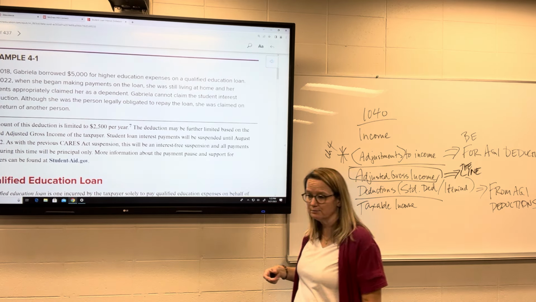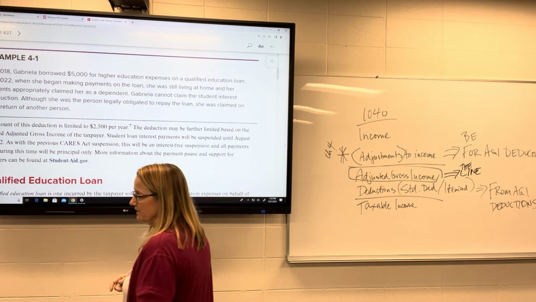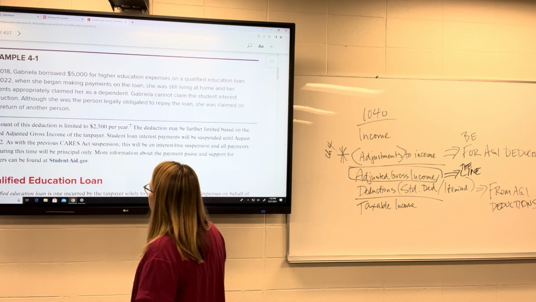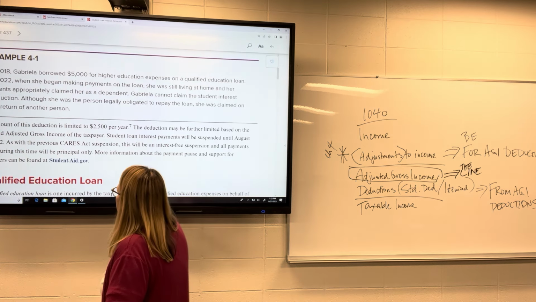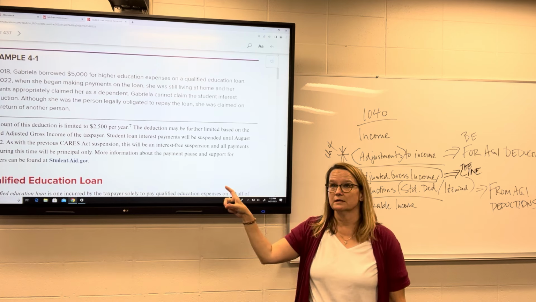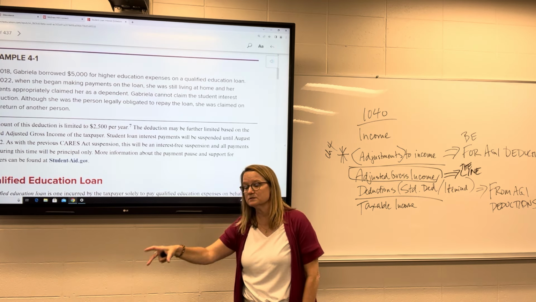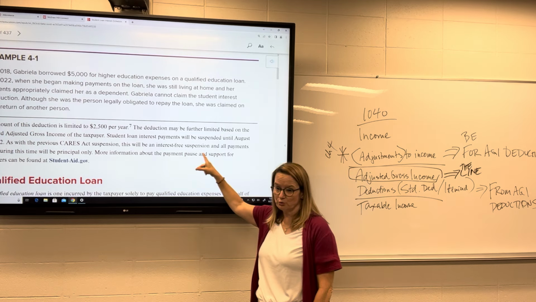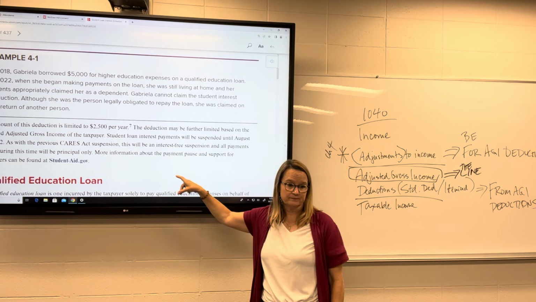So if you're dependent on another person's return, even though you're making the payments, essentially that just means nobody gets to take the deduction, right? Now, there is a dollar limit. This is the first limit, other than it has to be for qualified education expenses. There is a dollar limit to the amount of deduction that you can take. It is capped at $2,500 a year.